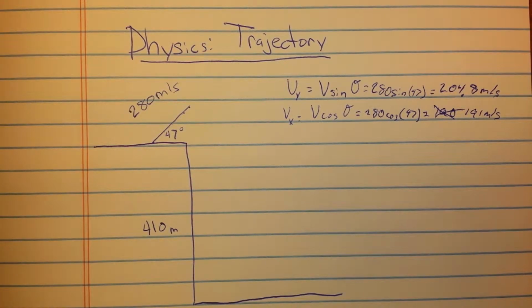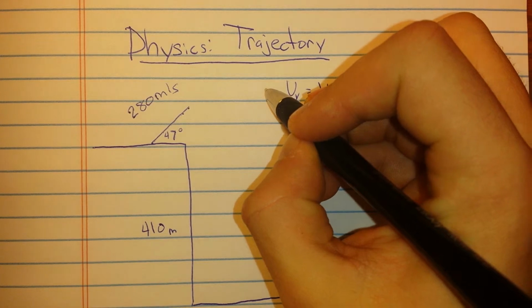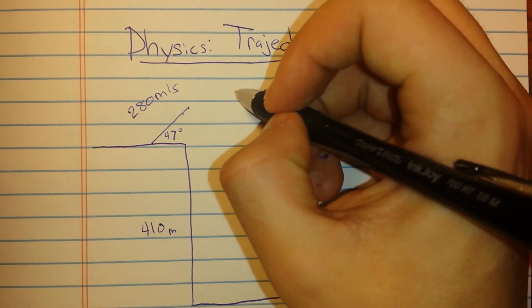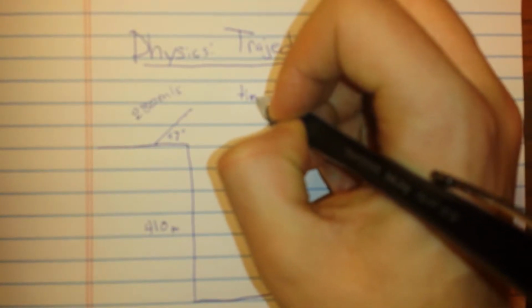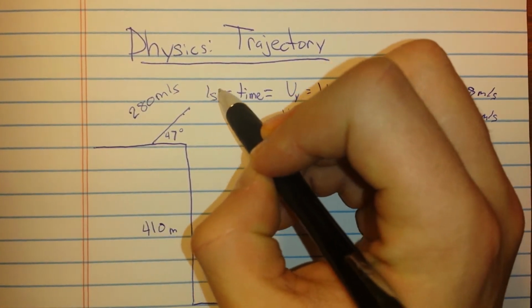An important thing to note when doing equations like this is that there are different ways of doing them. The way I do it, I think, is better in the long run because it helps with your rounding, and it splits it up into one part that's a little lengthy, but then the last part is relatively easy. What you want to do first is find your time. In an equation like this, use your Vy velocity and do this one first.